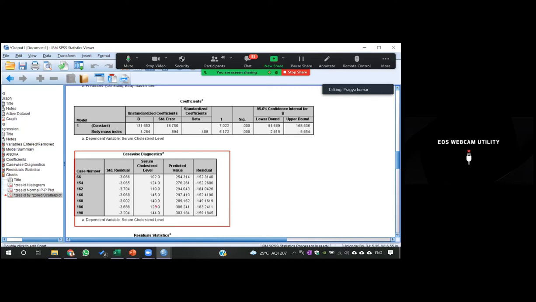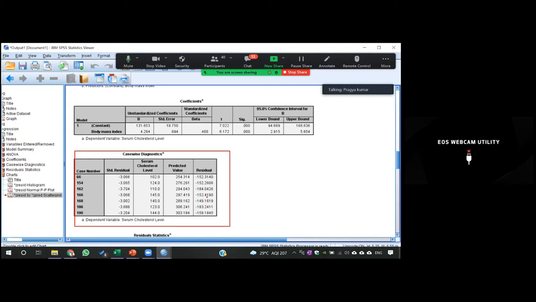You can see that the actual cholesterol was 123, but the predicted was 306. That is too high. If you see all these levels, they are in hundreds, so it will be difficult for us to interpret this unstandardized residual.